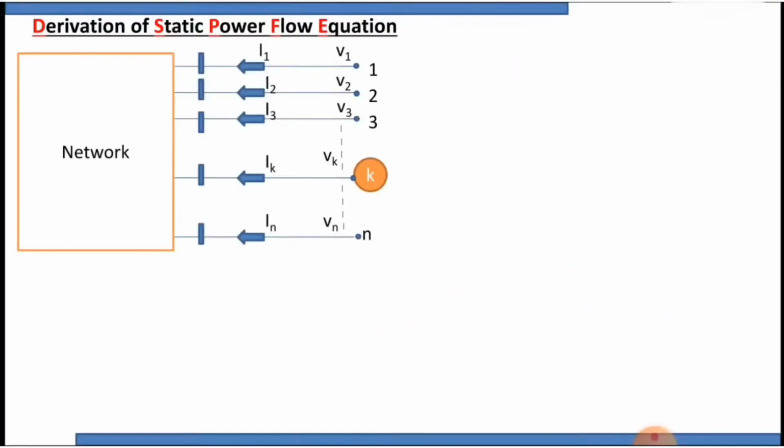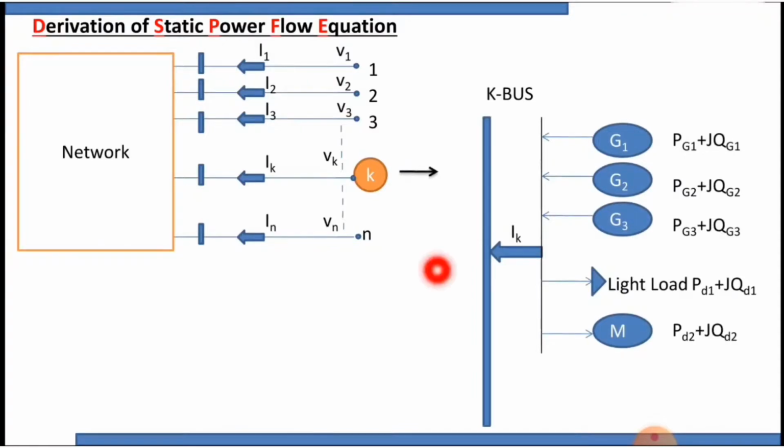From this diagram I am considering the kth bus separately. This is the kth bus. All the incoming lines and the outgoing lines connected to the kth bus are given here. Generator 1, generator 2 and generator 3 are connected to the kth bus, and the loads take the supply from this kth bus.